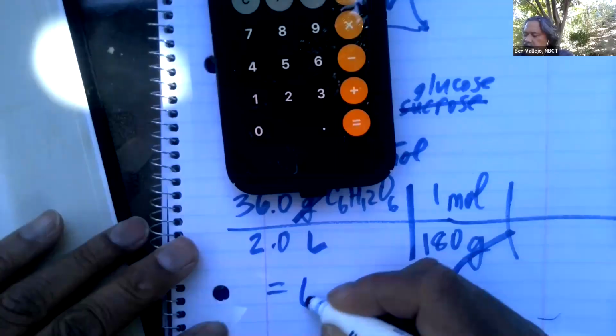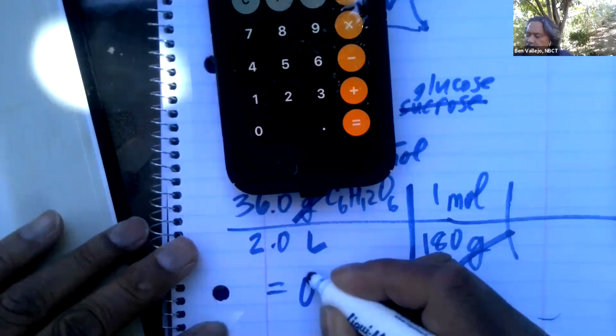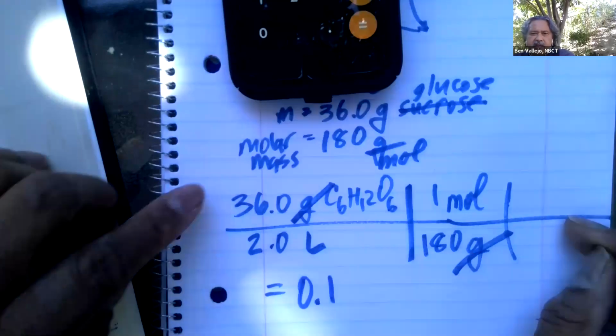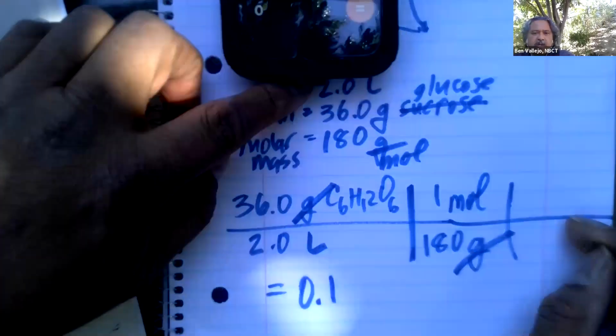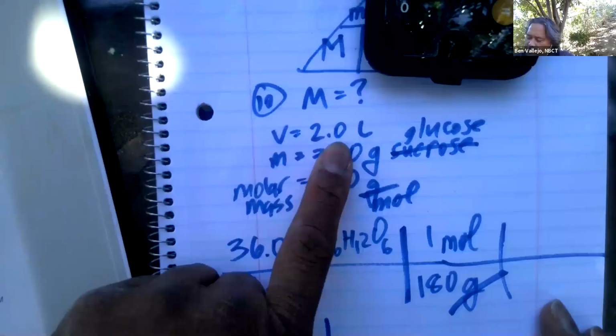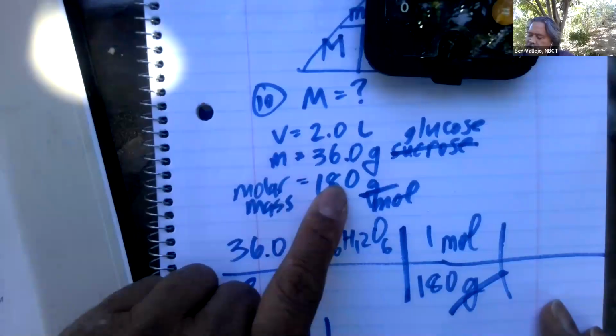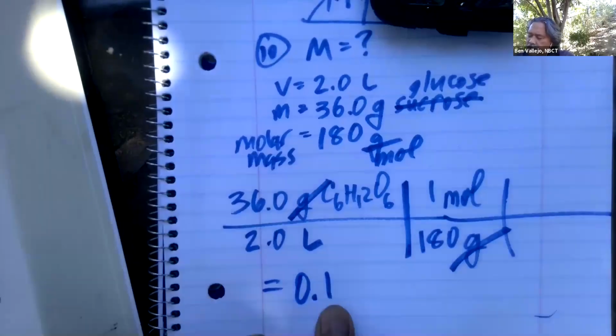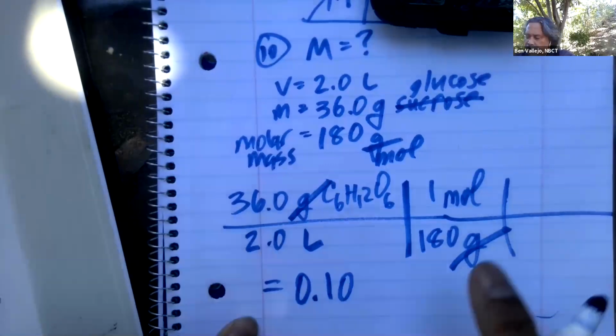Now let's look at Sig Fig real quick before I put the units on there. Significant figures, 2 there, 3 there, 2 there. So let's go with 2 Sig Fig. This is only 1, so I'm going to put a 0 right there. And so our answer is 0.10 moles per liter.